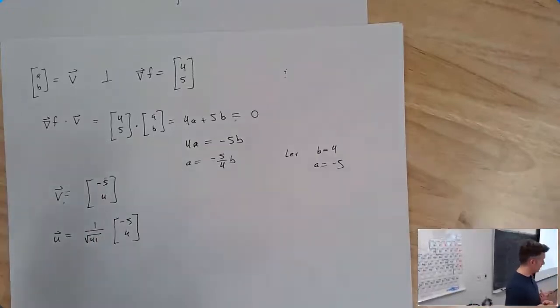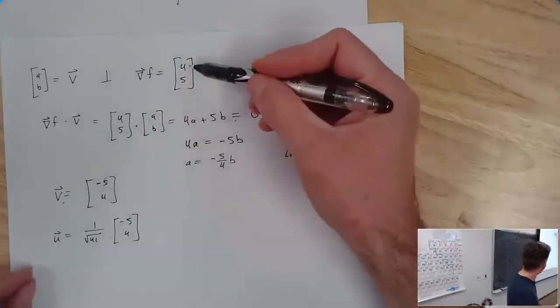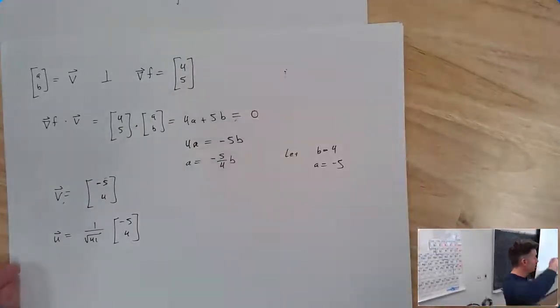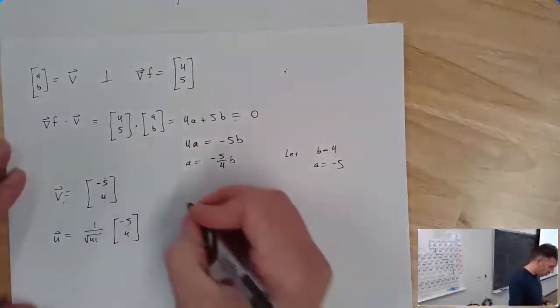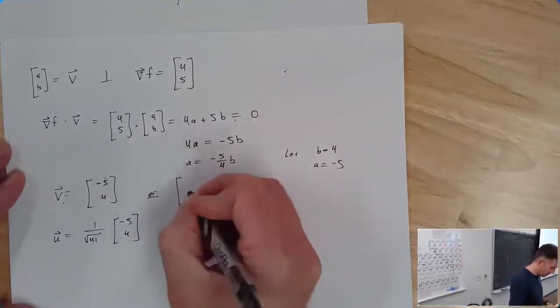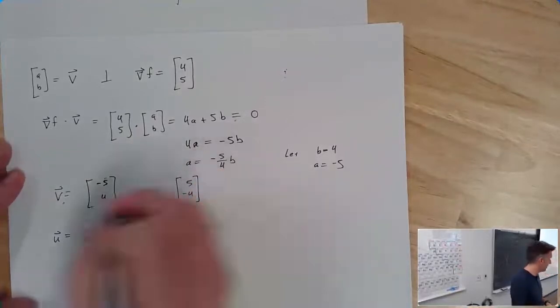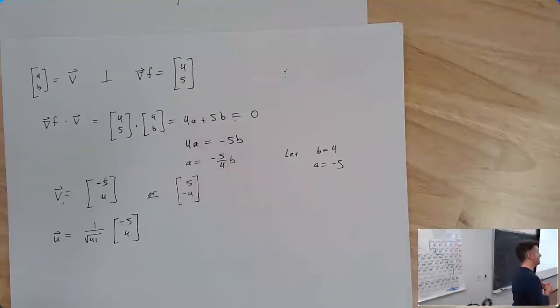But the shortcut is just to say, take the vector you want to be perpendicular to, change the order of the entries, and change the sign of one of them. So you could have said -5, 4, or you could have also equivalently said 5, -4 would have worked just fine as well. So that's kind of the fast way of doing it. But the long way is to say, if we want vectors that are perpendicular, you just want their dot product to equal 0.